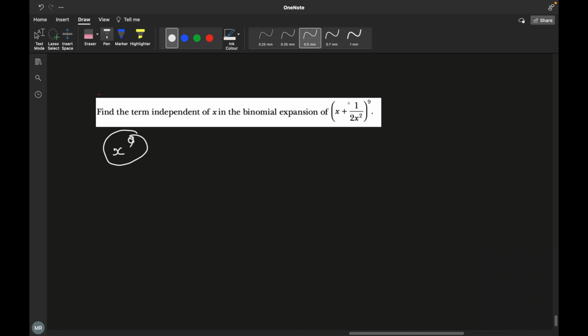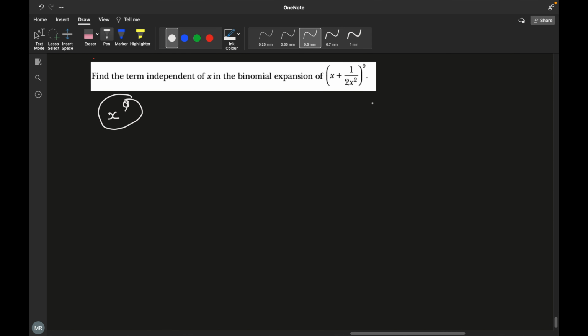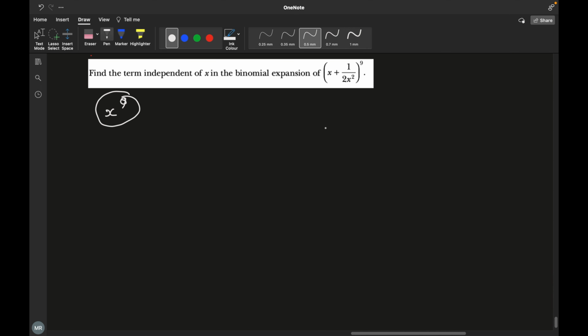So I'd always recommend that you use the first method, meaning you expand every single term to do it, because that way you won't lose marks. But if you try to use the second method and you mess up the steps or the way it's supposed to be written, you're going to lose a lot of marks, and therefore I don't really recommend using that. But you can always use that method to check whether the answer is right or not. So I will explain both the methods, but make sure that you use the first method in the exam.